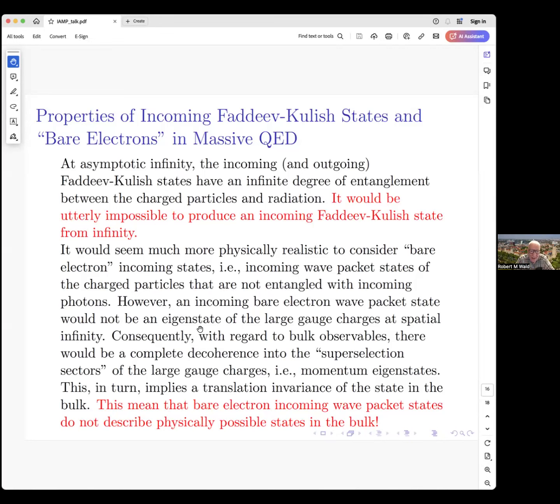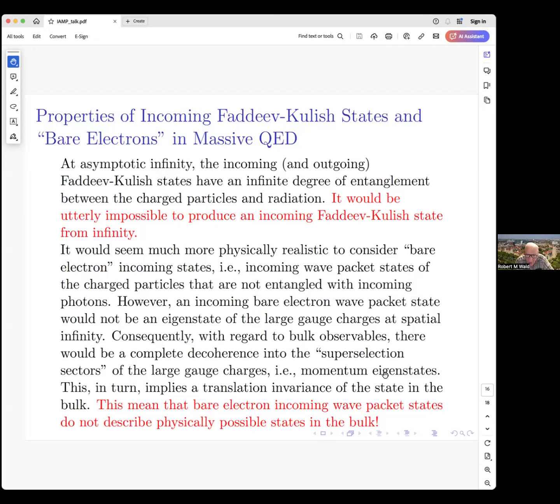These bare electron states, legitimate normalized wave packet states, are not eigenstates of the large gauge charges, and with respect to any bulk gauge invariant observables, there'll be a complete decoherence of the bare electron into these superselection sectors of the large gauge charges.